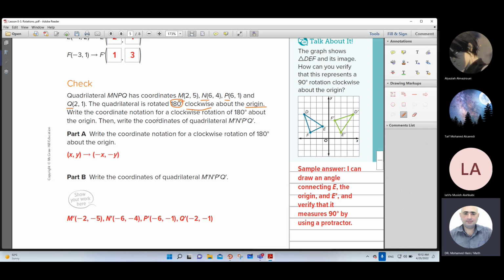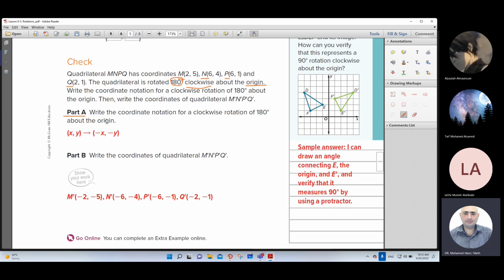Write the coordinate rotation for clockwise rotation of 180 about the origin. Then write the coordinates of the quadrilateral M prime, N prime, P prime, Q prime. So part A, write the coordinate rotation for a clockwise rotation of 180 about the origin.